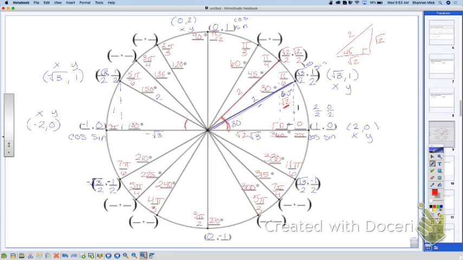What other angles does that apply to then? All the other ones. 135. What, radians? 3 pi over 4, 5 pi over 4, 7 pi over 4. What is the only thing that's going to change? Which one's positive and negative? What is going to be negative in the second quadrant? The x, so that makes what? Negative cosine. So negative square root of 2 over 2, and square root of 2 over 2.